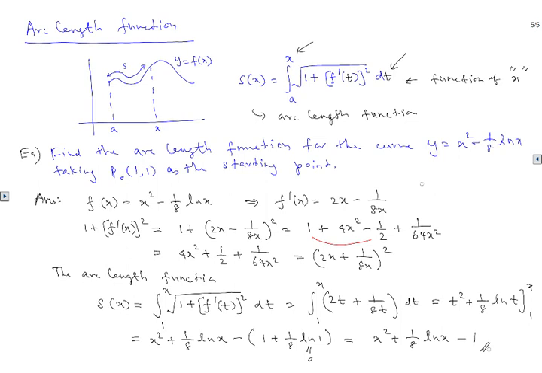It's kind of interesting how the calculation goes. So this is what we call the arc length function for this one. If you want to find the arc length up to the point x equal 3, you just need to plug in 3 and get the answer. Very interesting.